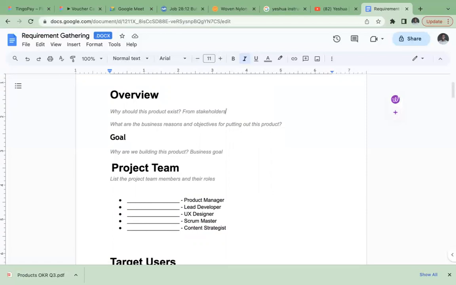And don't forget that product is actually working with a very large and robust team on the long run, where you not just work with product managers, lead developers, UX designers or UI designers, the Scrum Masters, and the content strategists. So all these, they are team members in the product team. There could be more team members, with regards to the organization you are working with.